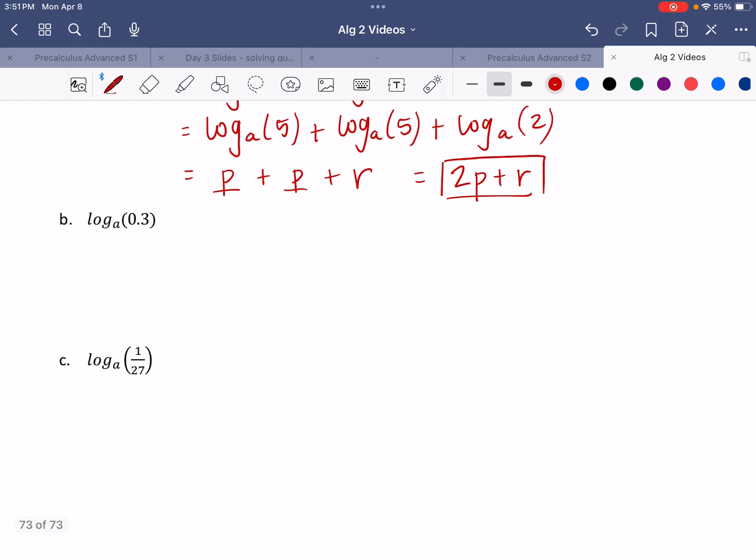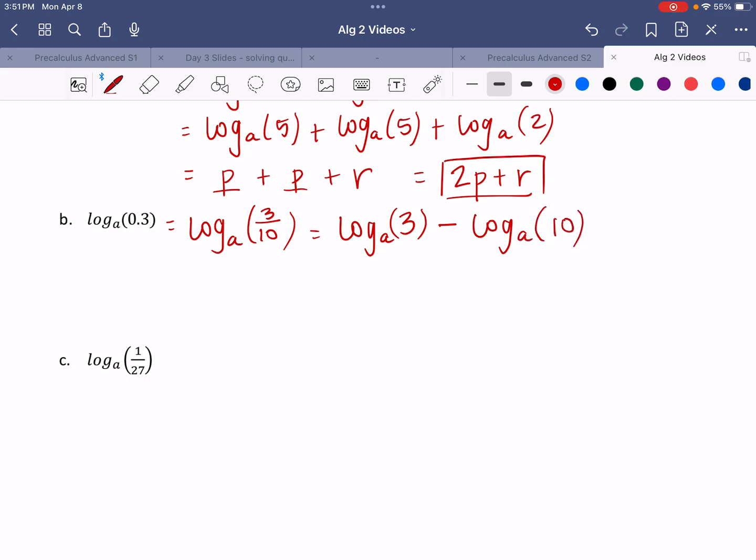Okay, the next one says log base a of 0.3. Well, I'm going to read this as log base a of 3/10, and I think that's going to help. If I write it as the log base a of 3/10, then I can see that I'm going to have the log base a of 3, which was given, and I can separate them with subtraction.